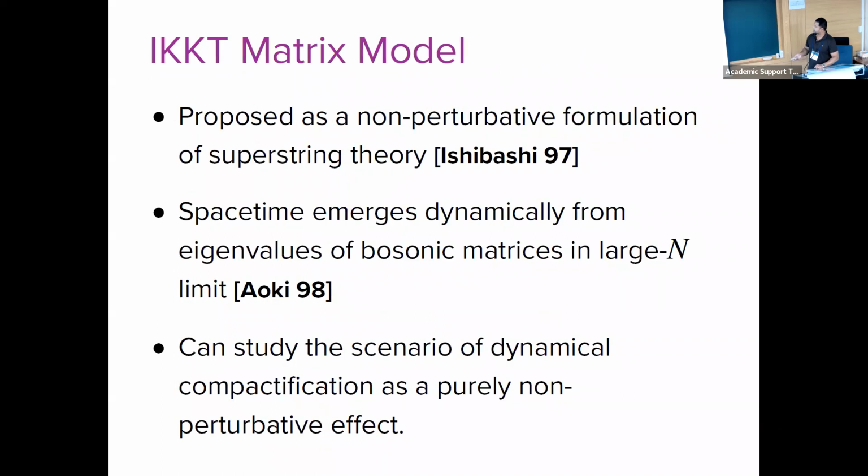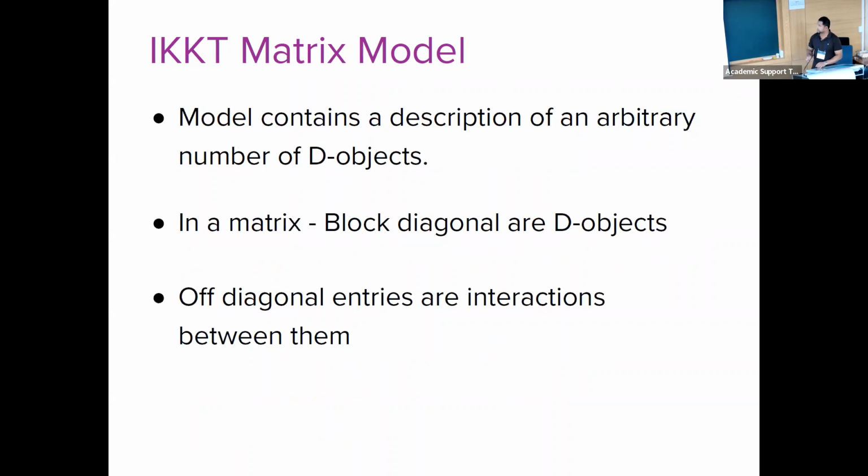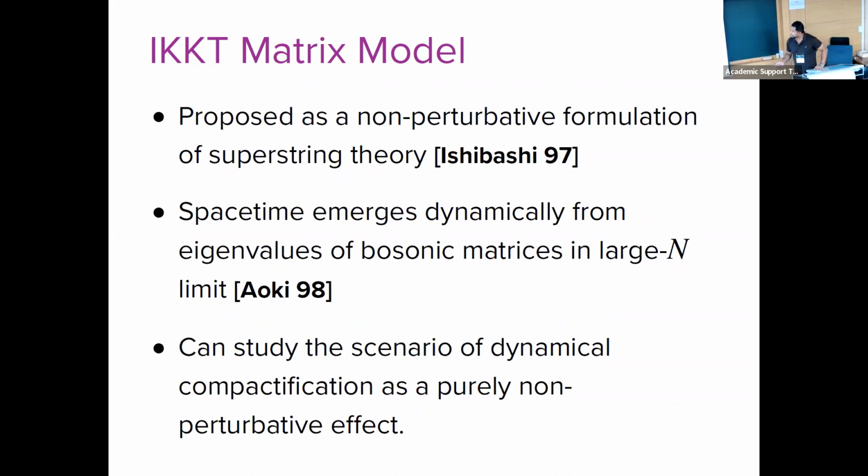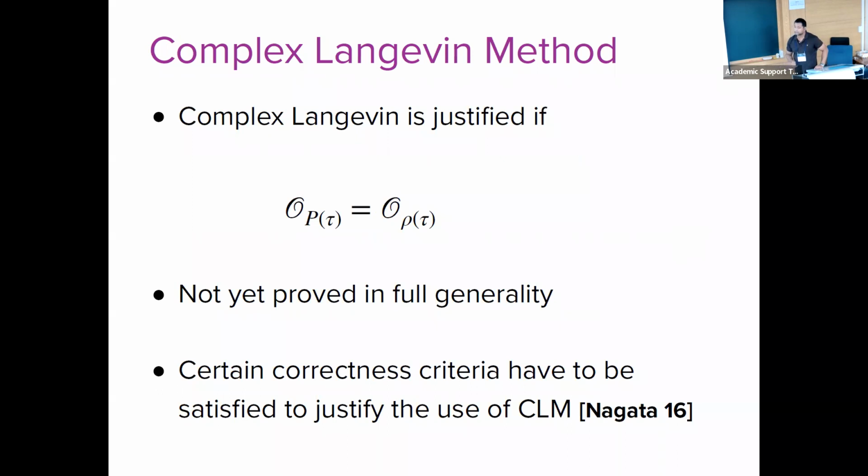Right. Now let's go to the IKKT matrix model. When you say complex Langevin, and you calculate the complex Langevin simulation, do you calculate the right hand side or the left hand side?